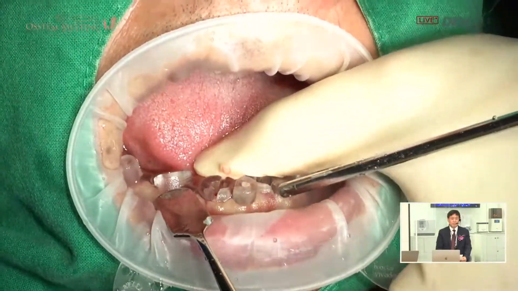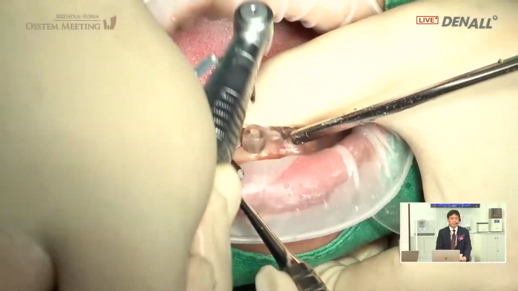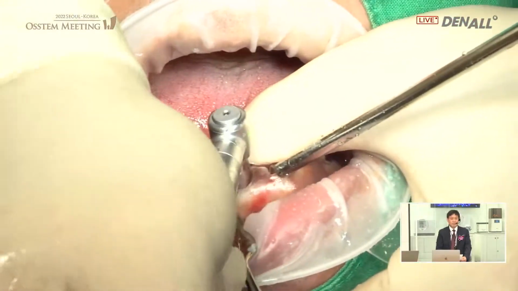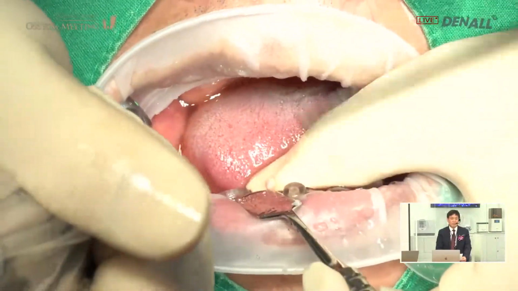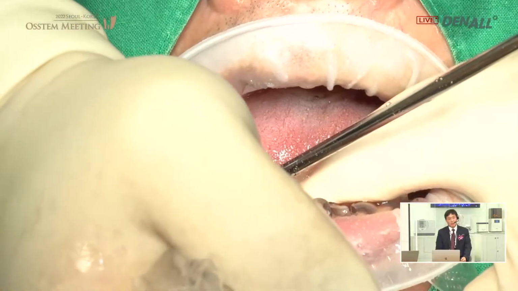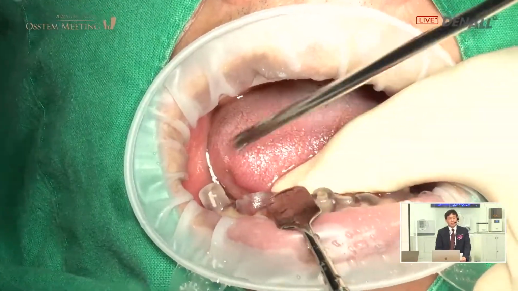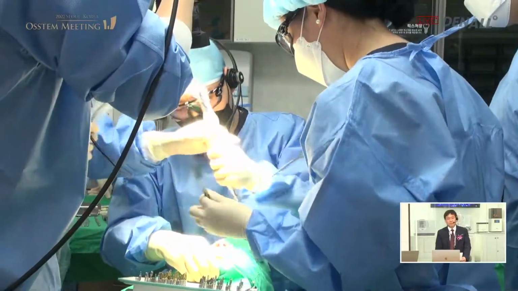Anchor drill is going to be used to firmly fixate the template. Lateral anchor is used.